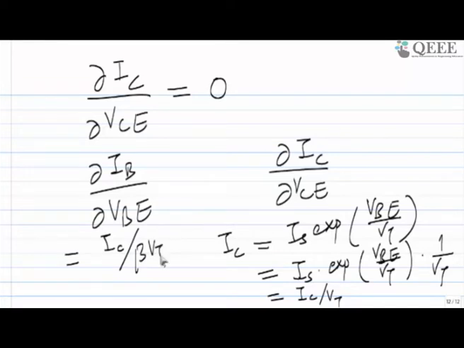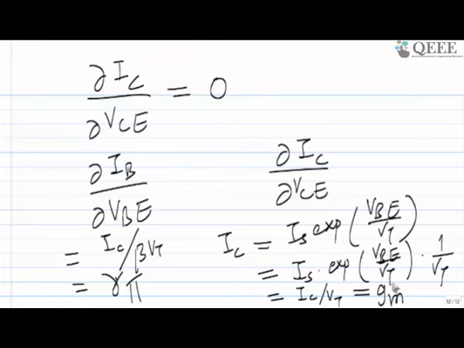So in these cases, we are going to call IC by beta VT as R pi, because it's associated with the pi model, and this one we are going to call GM.